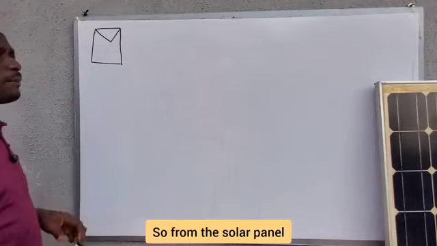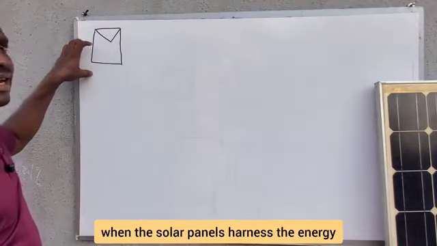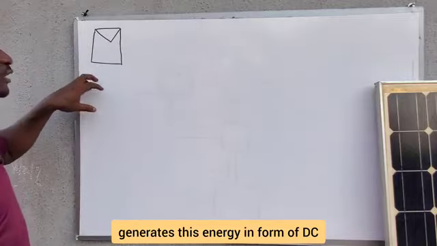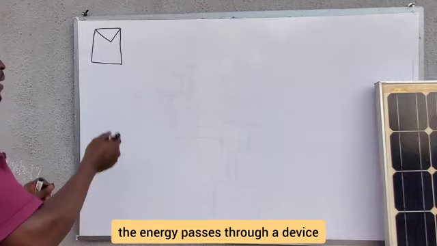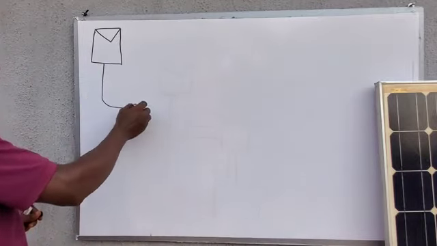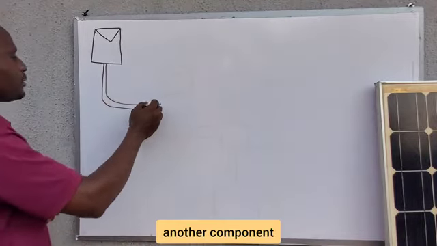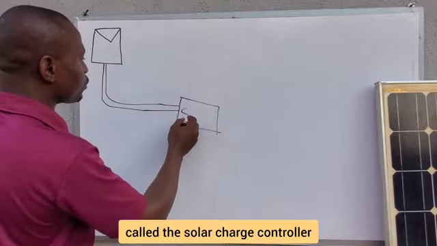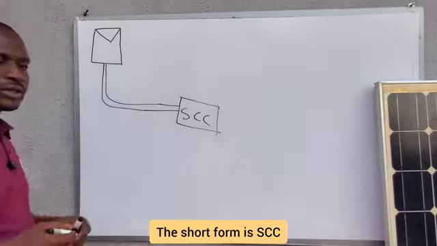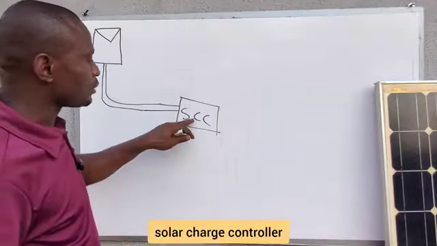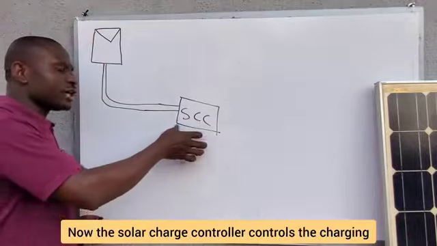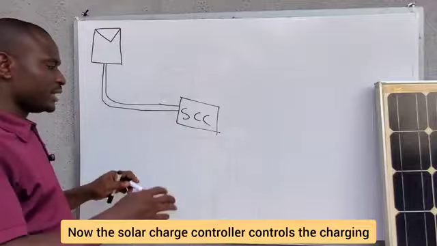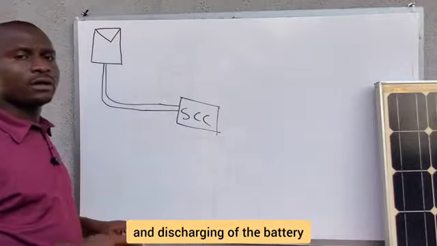From the solar panel, when the panels harness the energy and generate it in the form of DC, the energy passes through another component called the solar charge controller. The short form is SCC, solar charge controller. The solar charge controller controls the charging and discharging of the battery.